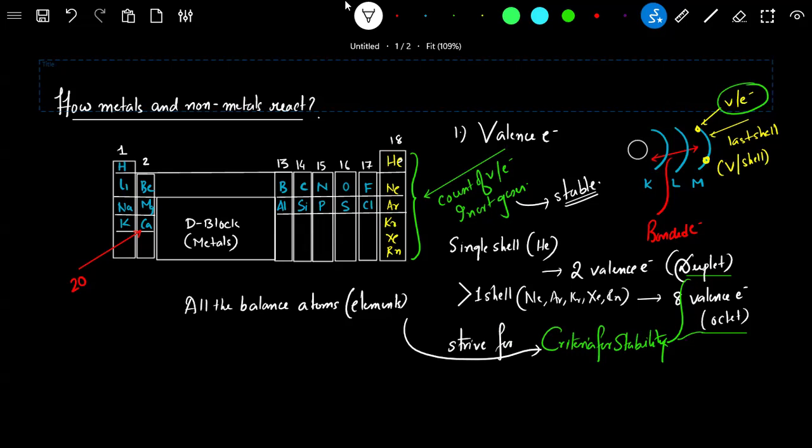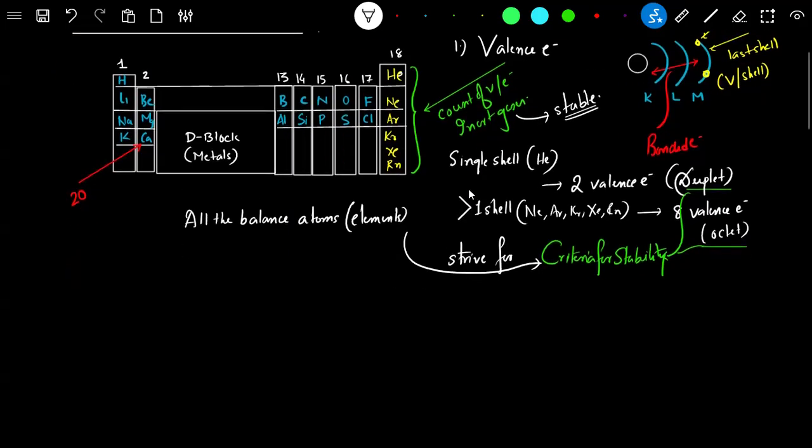So our condition now is that we should first understand how many valence electrons the elements already in blue color have, then only will we understand their stability criteria. For that there is also a formula: if you are from group 1 and group 2, the count of valence electrons is always equal to the group number. Very easy, the group number.